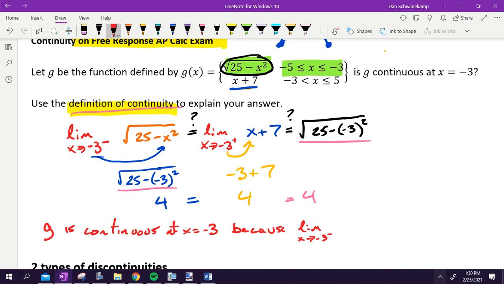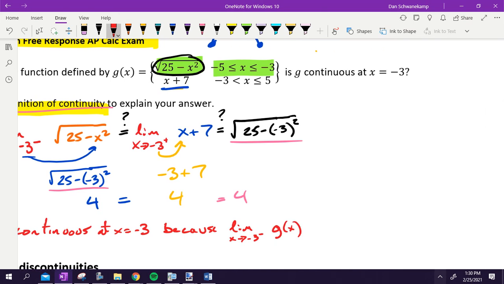And a lot of times students just write the limit. You got to say the limit of what? It's the limit of g of x. There's got to be an equation there. The limit as x approaches negative 3 from the left of g of x is equal to the limit as x approaches negative 3 from the right of g of x is equal to g of negative 3, is equal to 4. All 4 of those things are equal.